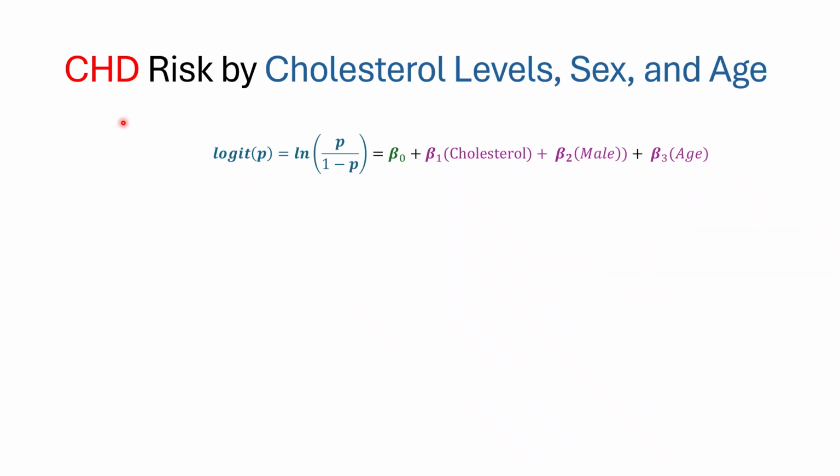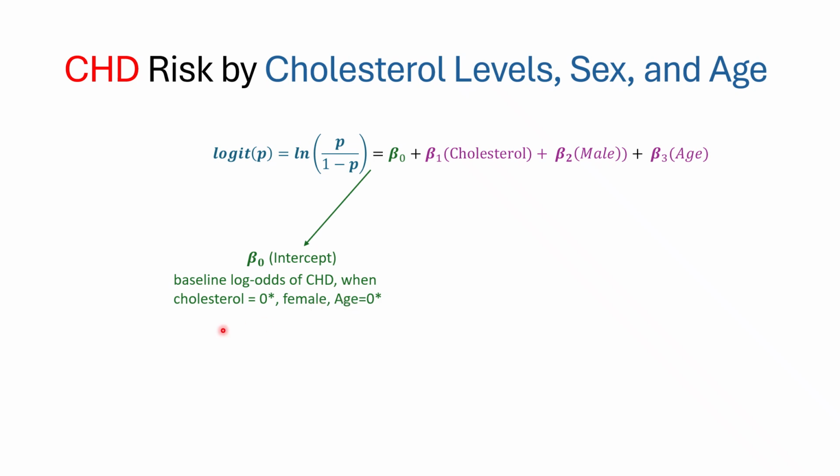Suppose we are interested in measuring the probability of chronic heart disease based on these three predictors: cholesterol level, sex, and age. In that case, our beta naught will be the log odds of chronic heart disease when all the predictors are at the baseline.